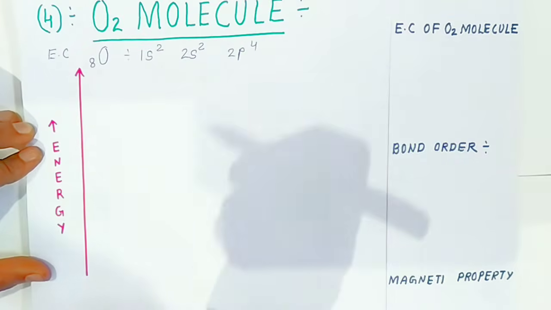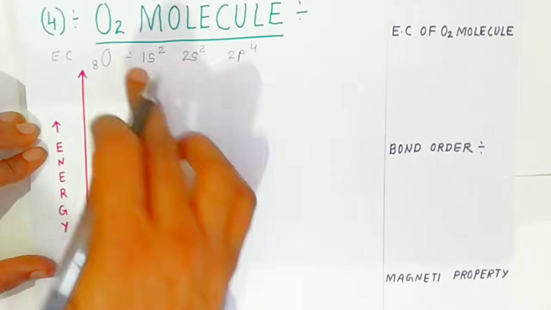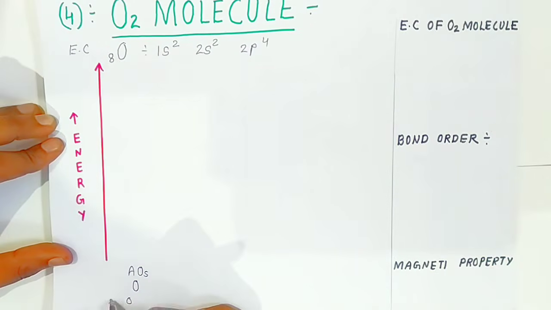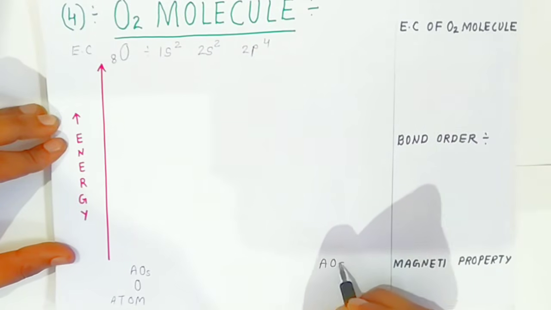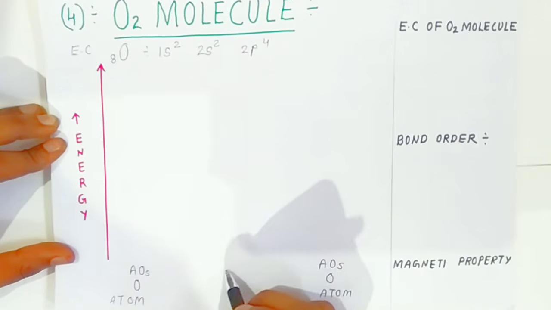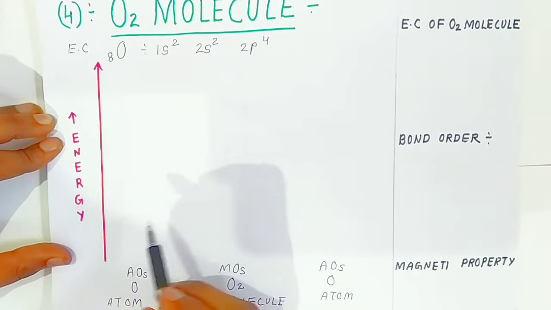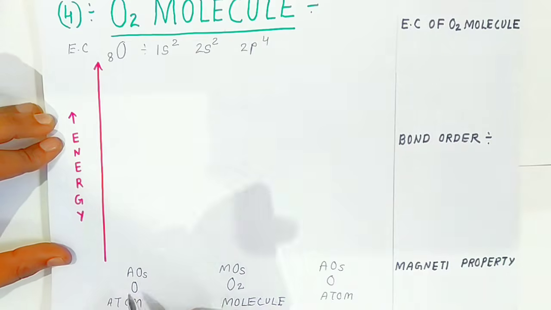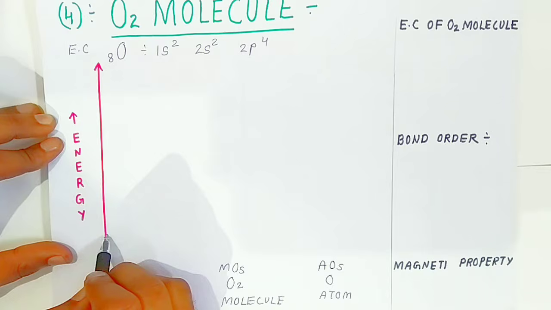Okay students, now what happens? These are the atomic orbitals of the oxygen atom. Now one more set of atomic orbitals of another oxygen atom will combine and form the molecular orbitals of the oxygen molecule. So here we are going to draw the energy levels of the atomic orbitals. 1s has lower energy, so we make the line over here.